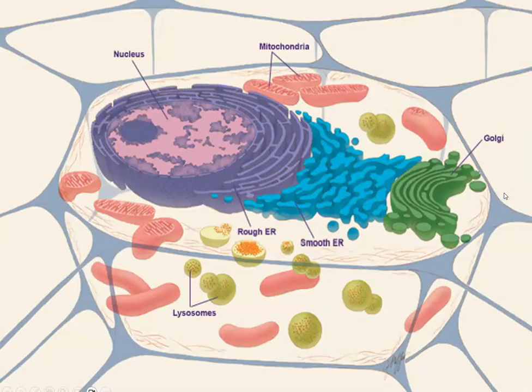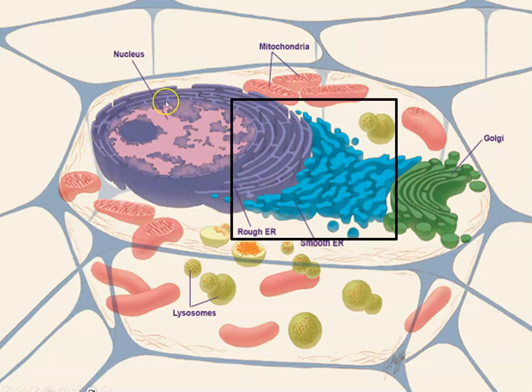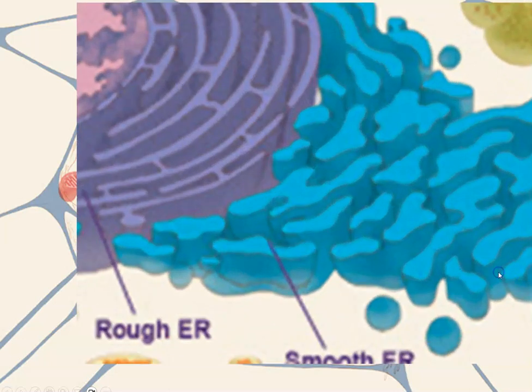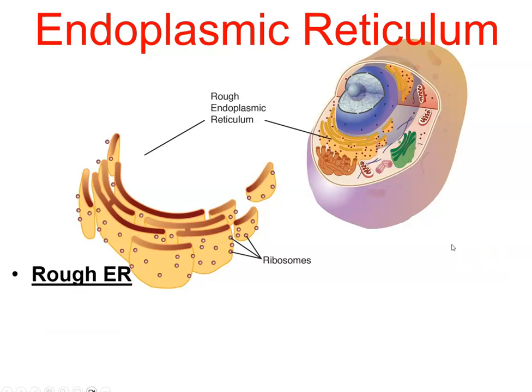All right, we're going to move on out. Usually around the nucleus there's another structure called the rough endoplasmic reticulum, or the rough ER. Our rough ER is going to receive the ribosomes that are getting made in the nucleus.